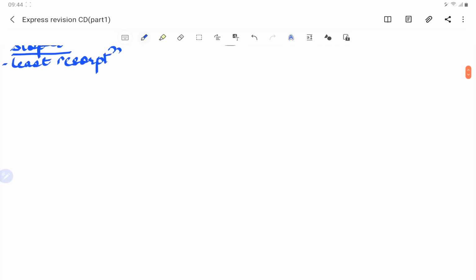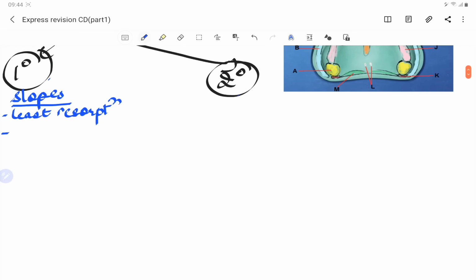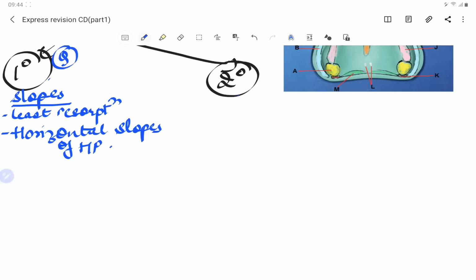And what are the primary stress bearing areas? These are the horizontal slopes of hard palate and the posterior lateral slopes of the residual ridge.